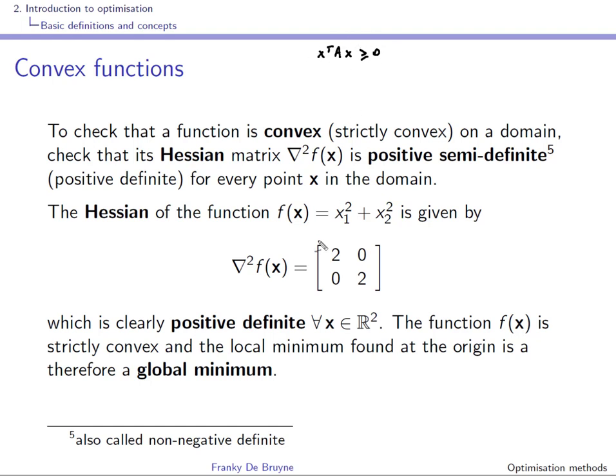Let us take the Hessian of our paraboloid. f of x is x1 squared plus x2 squared. We had seen that the Hessian was a diagonal matrix with 2's on the diagonal. Here we have clearly a positive definite Hessian, so the function is strictly convex, and the local minimum that we had found at the origin is therefore the global minimum.